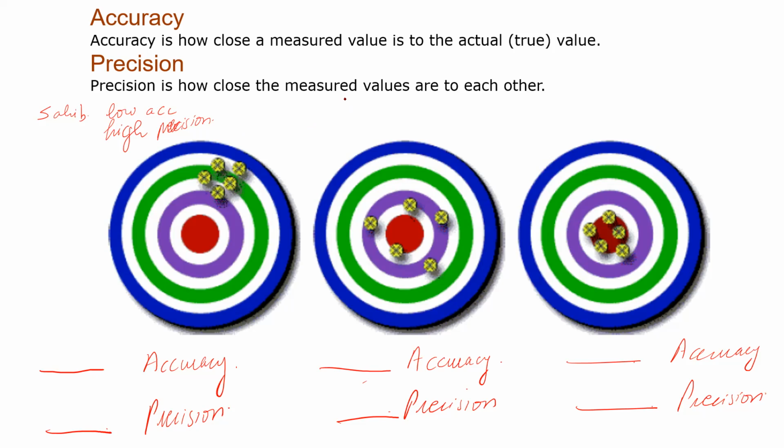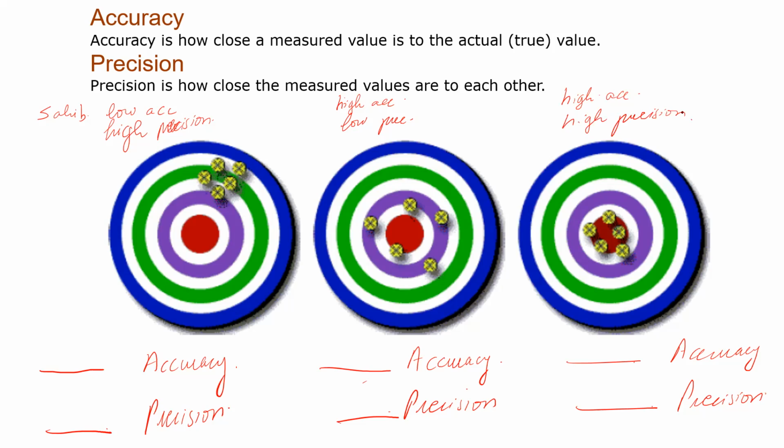So high or low? I would say it is higher accuracy and lower precision. And the third one is both high precision, high accuracy.